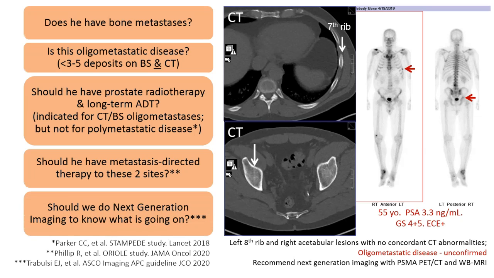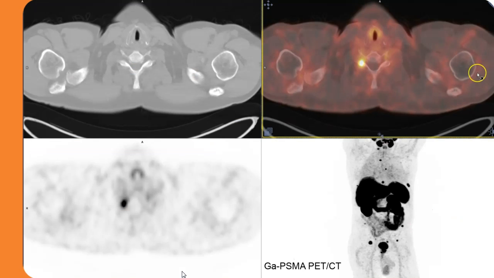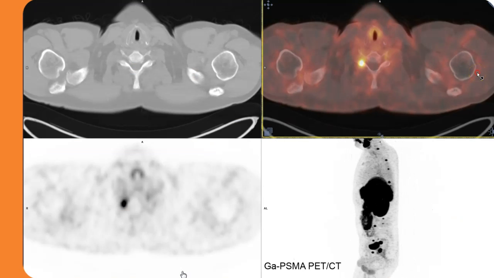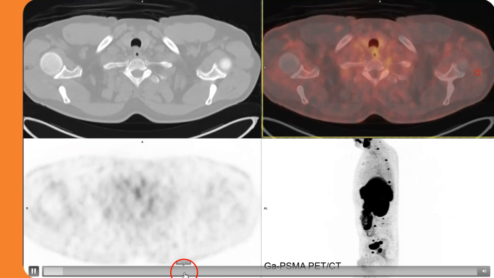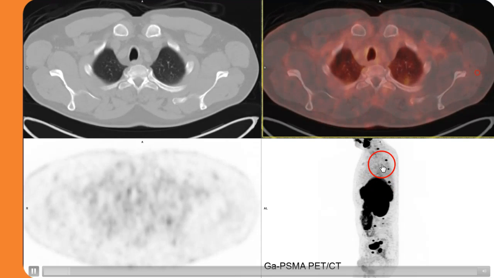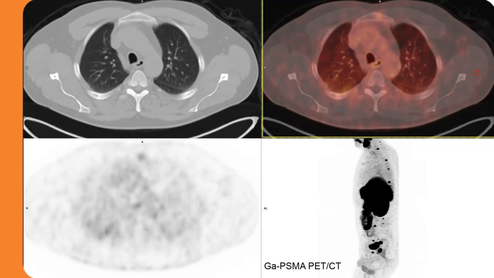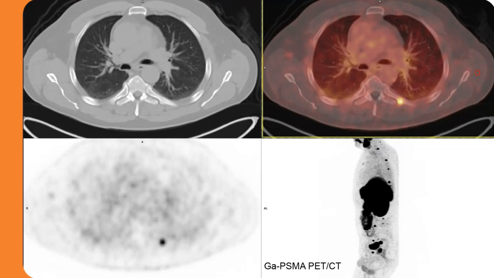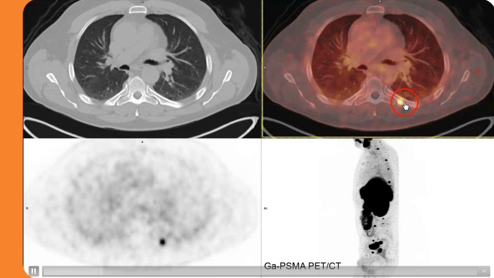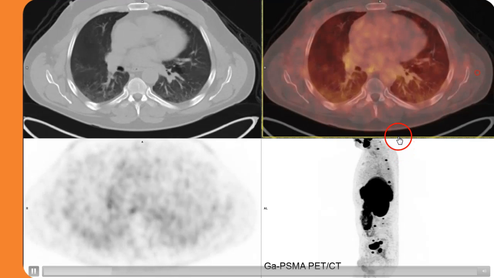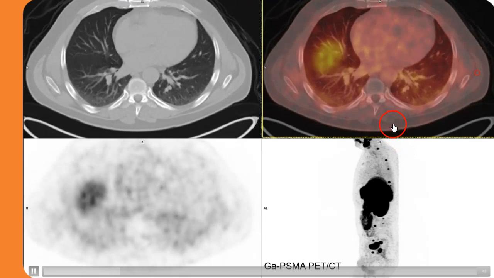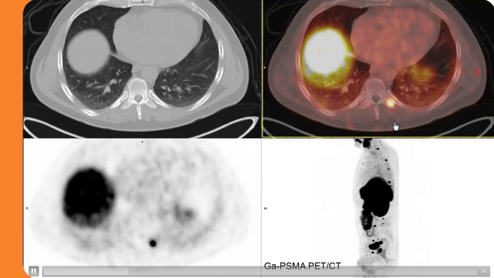Or should we do next generation imaging to know what is going on, because it's certainly indicated according to the ASCO guidelines? And of course, we did a gallium PSMA PET CT, and you saw a lesion in the neck, which corresponds to this lesion, then another lesion in the lamina there, a lesion in the rib, and then another lesion in the transverse process coming up there.